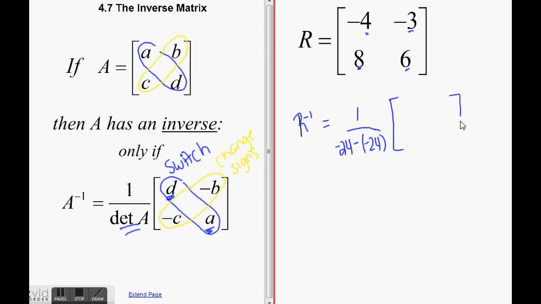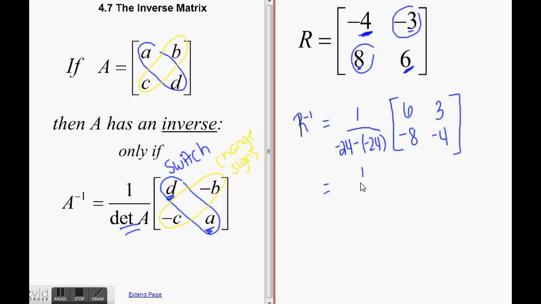I will be multiplying this fraction by the 2 by 2 matrix, in which I flip the position of the -4 and the 6, and I change the signs of -3 and +8.